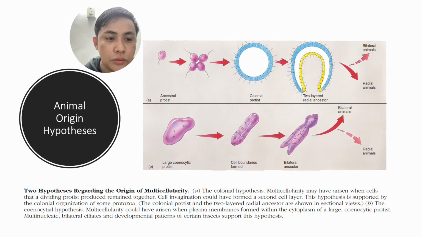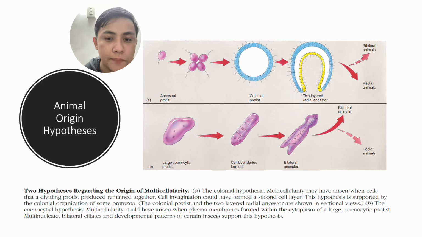This figure shows 2 hypotheses regarding the origin of multicellularity. The first one is the colonial hypothesis, where multicellularity may have arisen when cells produced by dividing protists remained together. Cell invagination could have formed a second cell layer. This hypothesis is supported by the colonial organization of some protozoa.